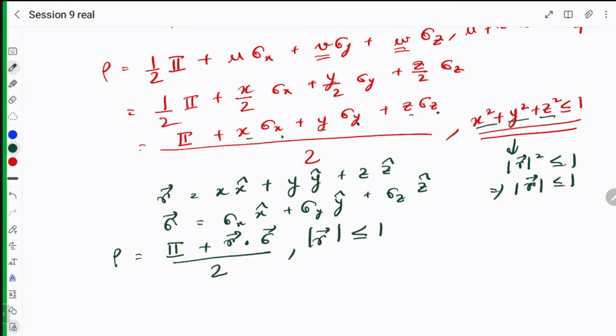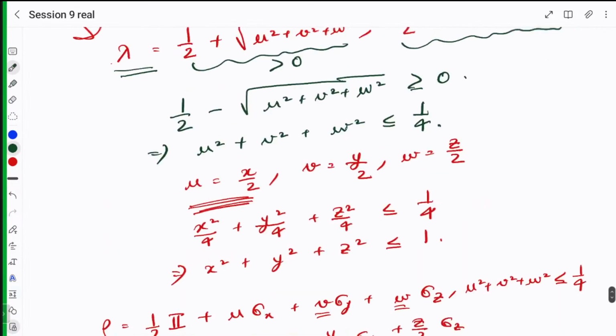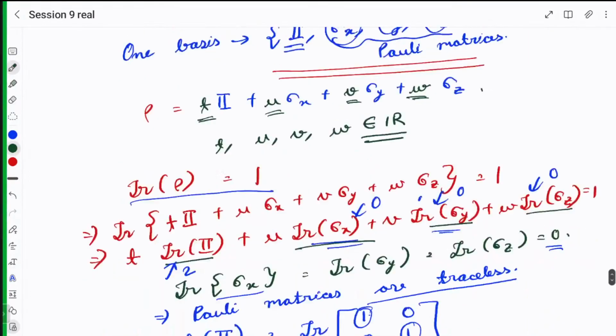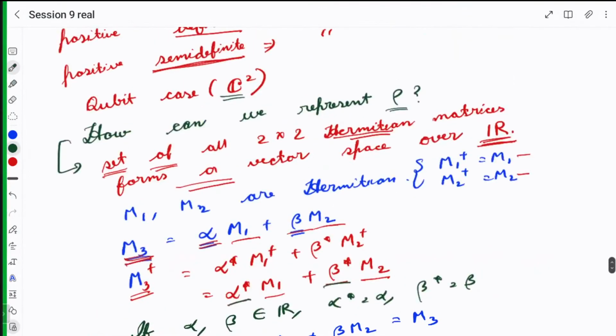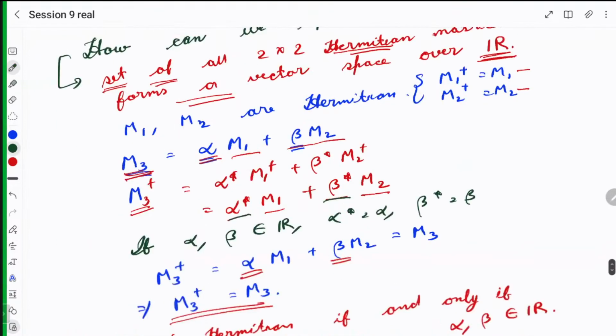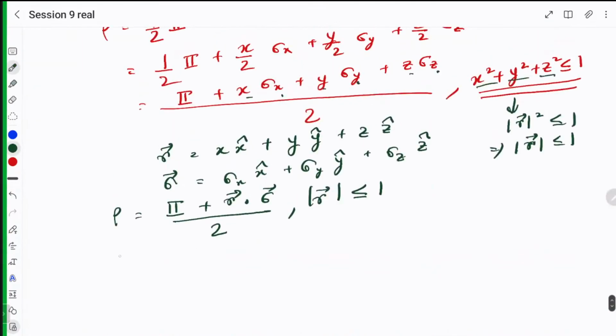Okay, so it was a pretty long calculation, but the summary is that if you apply these constraints, that rho has to be Hermitian, positive semi-definite, and trace of rho equal to 1, then you can express rho in this form, at least for a single qubit. And this is going to be very important.